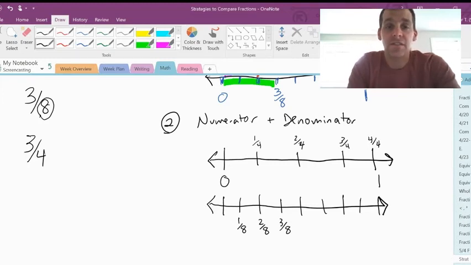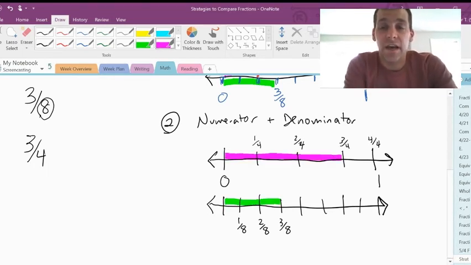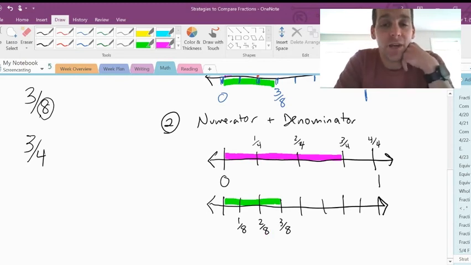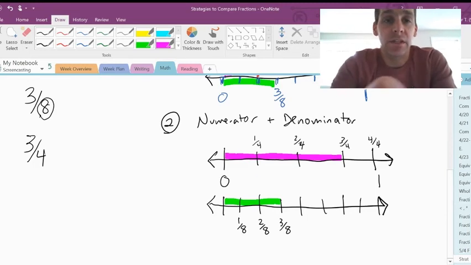So here in this case, I look at my 3/8, come back up here, my 3/4, and find that they both have 3 pieces, but the pieces for my quarters are much larger, meaning it's actually going to take two of these eighths in order to equal even just one of my quarters, right? You can see that right here as I line them up. Really, really helpful when you have them lined together.